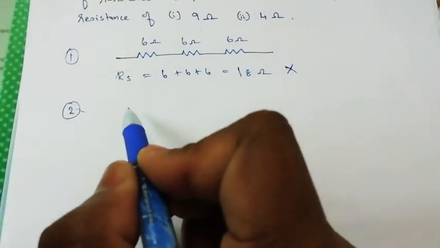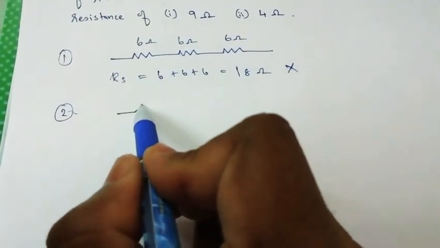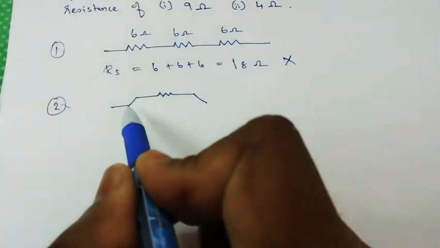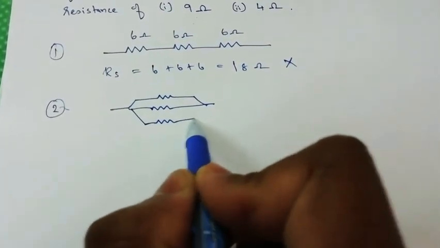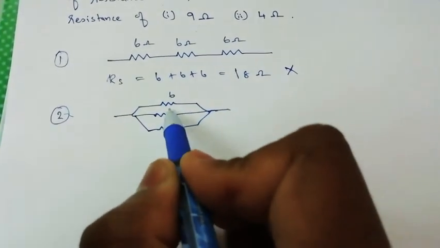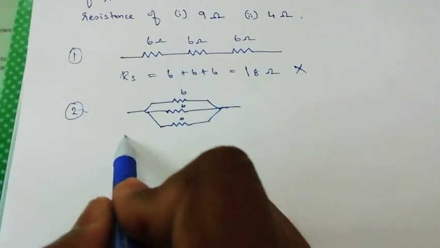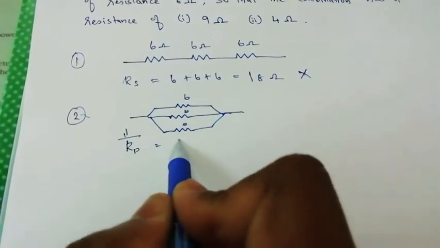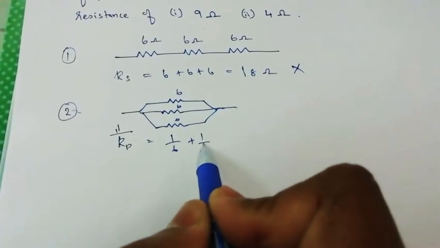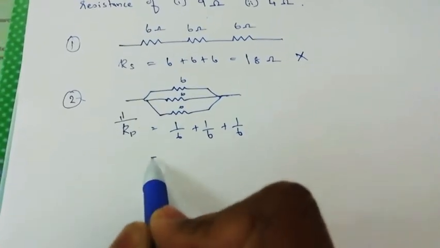Secondly, if all are connected in parallel, then 1 by Rp is equal to 1 by 6 plus 1 by 6 plus 1 by 6.